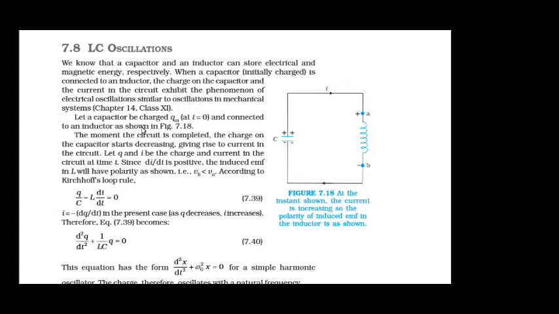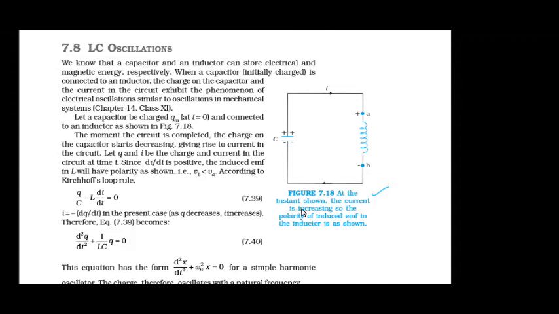Let the capacitor be charged to Qm at t is equal to 0, means initially it is charged as Qm, and connected to an inductor as shown in figure 7.18.